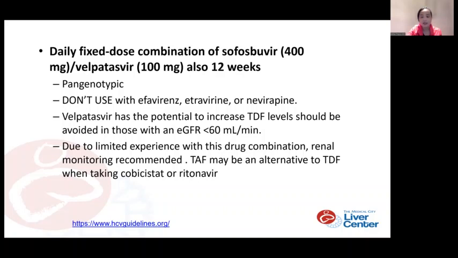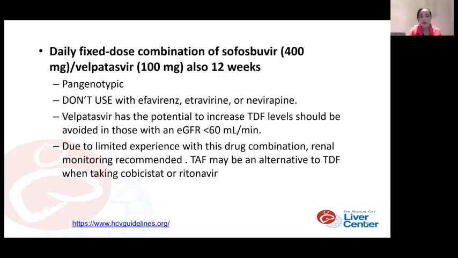Velpatasvir has the potential, it's important to remember this, that the velpatasvir can increase our tenofovir levels. So the side effects of tenofovir, including renal toxicity and bone toxicity, can be heightened if you use tenofovir and velpatasvir together. So in general, we try to avoid using TDF in those with GFR less than 60.